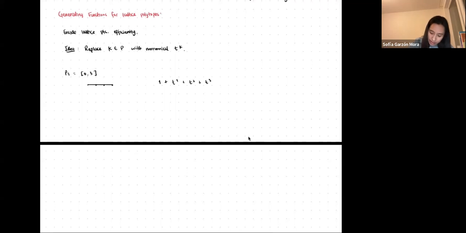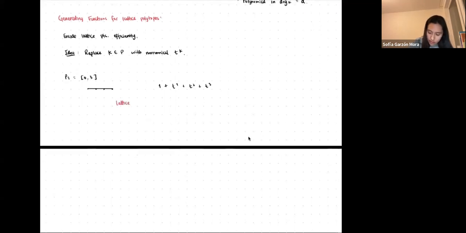And this is what I'm going to call a lattice point transformation, which is basically just going from lattice points in polytopes to monomials. And so if I want to write this in a more compact way, this is just the sum from k equals 0 to 3 of T to the k, which I can write as, let's say, a rational function, because I can use a series expression.